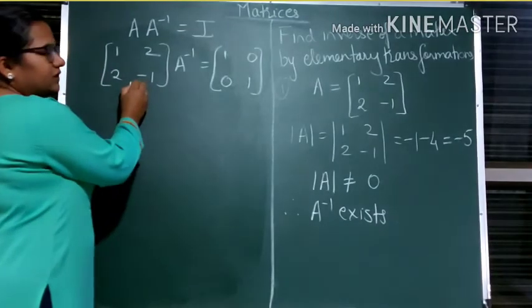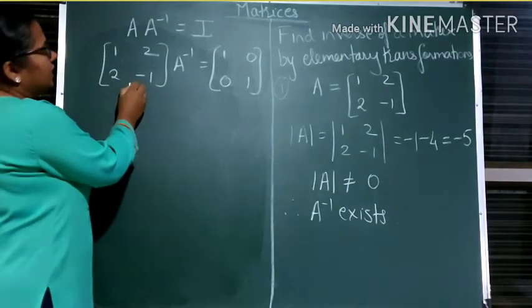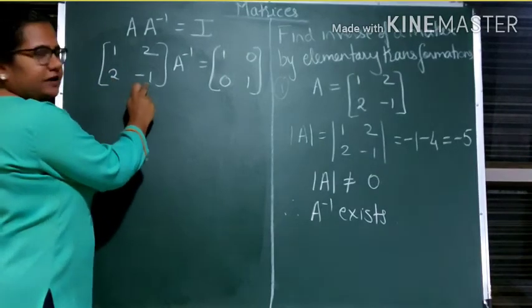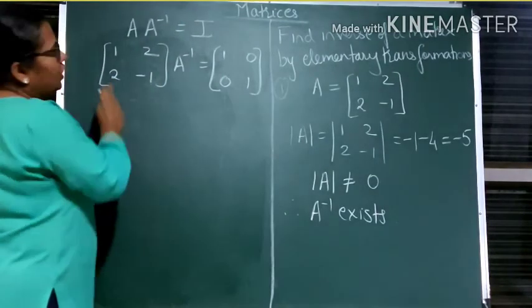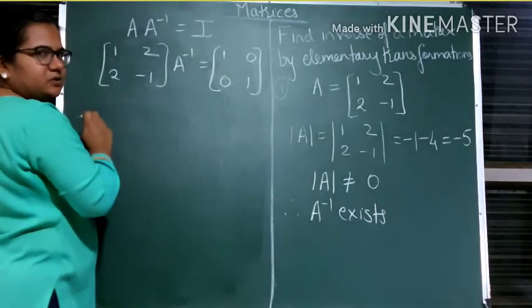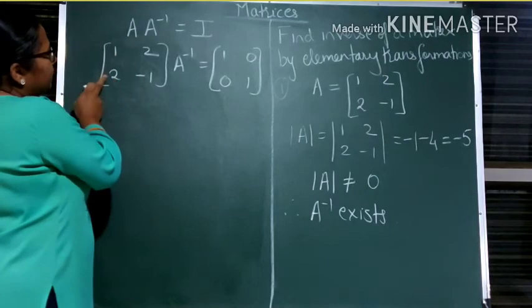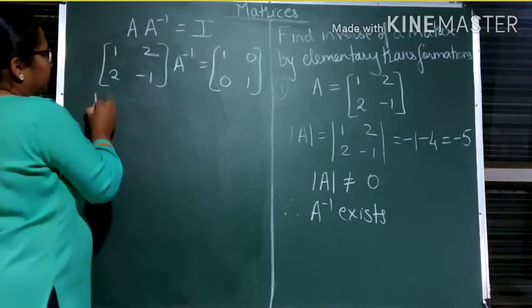Now we have to convert this matrix to identity matrix. So this should be 1, then this element should be 0, this element should be 1 and this element should be 0. Already this is 1, so one step is over. Now we will convert this element to 0. What should be my operation? R2 minus 2R1.